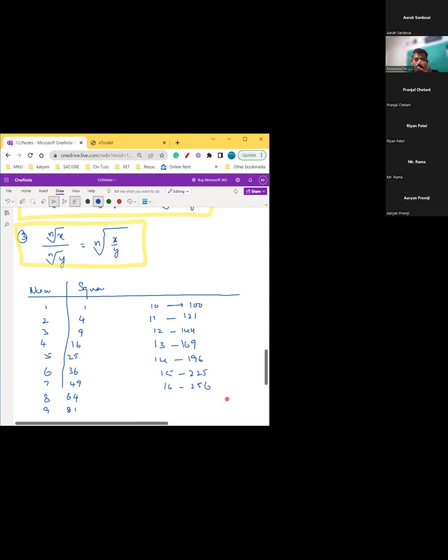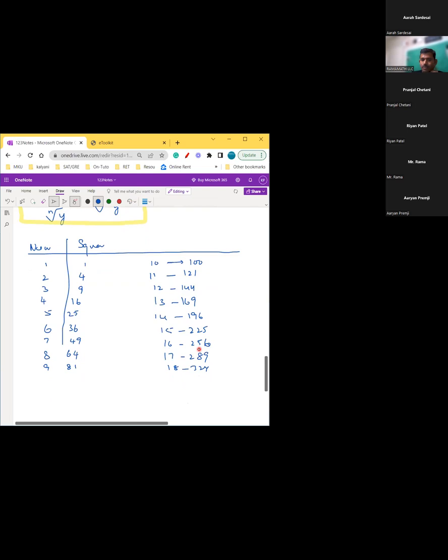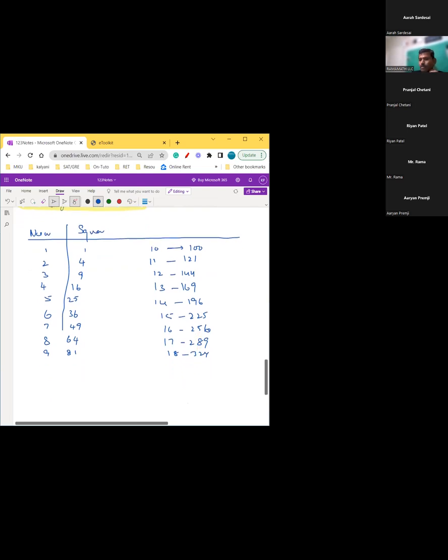So a couple of numbers. It's easier if you remember these numbers, like squares and square roots. 17 is 289, 18 is 324. So it's pretty good. Up to 18 or 20, that's totally good to go. You don't need to memorize everything. Just try to memorize these. It helps you to get the answers faster.